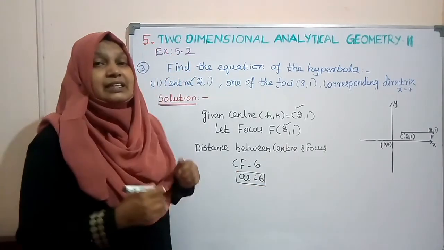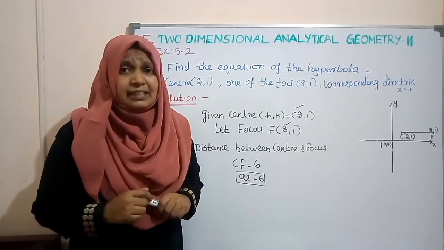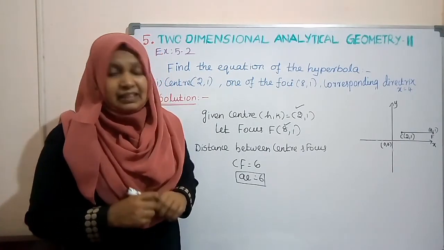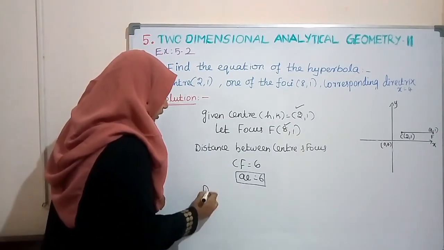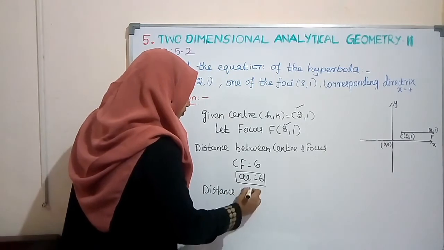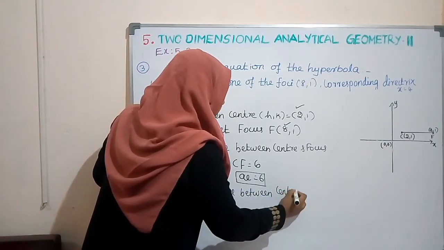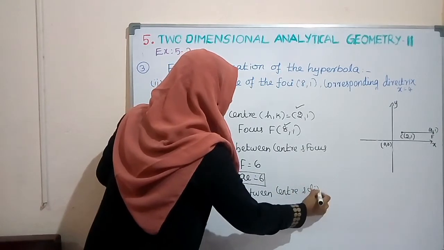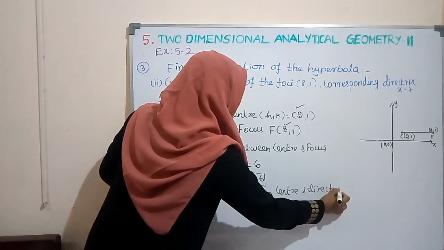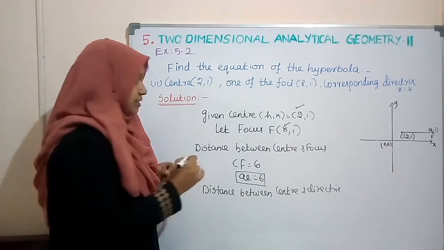Also you can find the distance between center and directrix. What is the distance between center and directrix? a by e. So you can write that also. Already we learned that the distance between center and directrix is a by e.